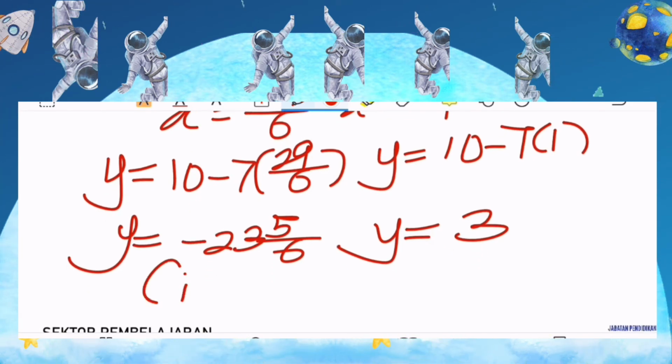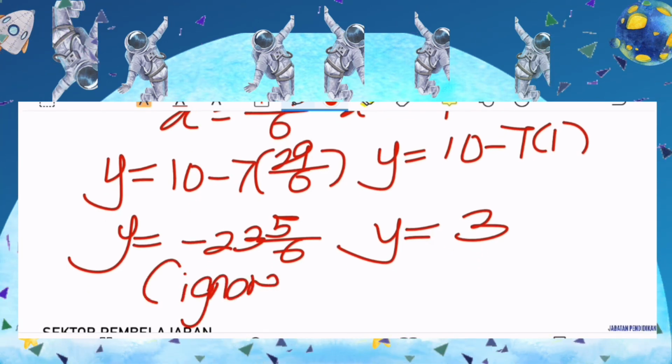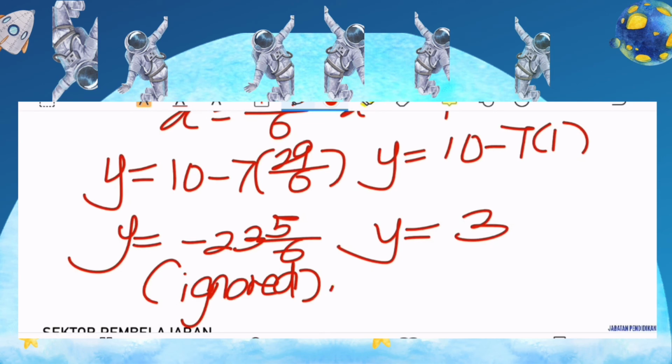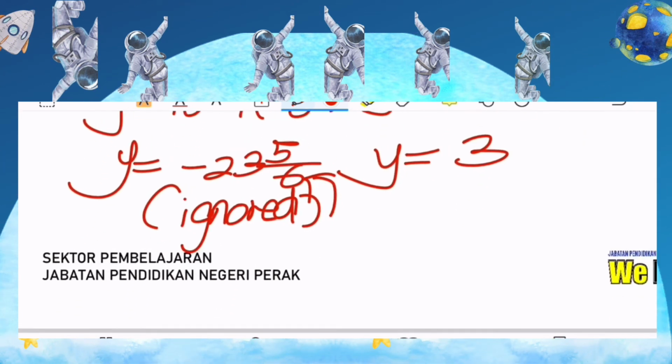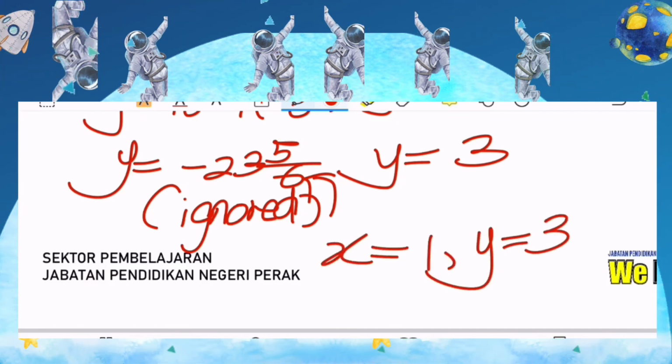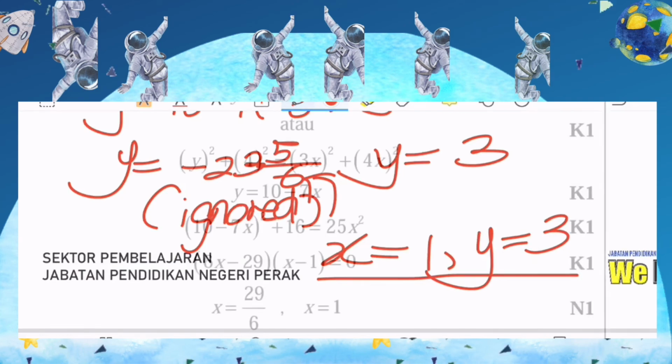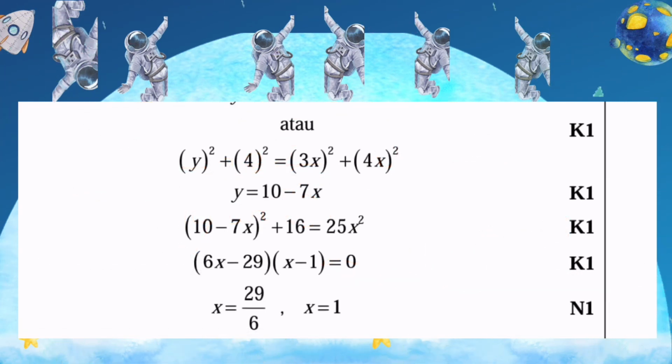Since we are getting a negative y, we have to ignore the negative value because these are lengths, right? So the final answer that we choose will be the pair that produces positive lengths. x equals 1, y equals 3 is the solution.